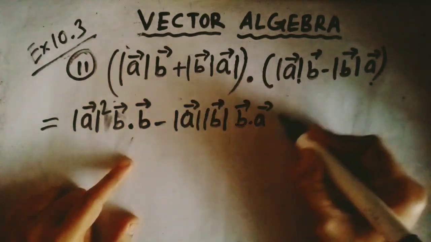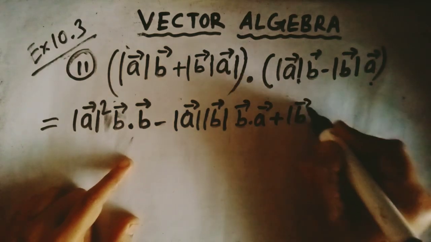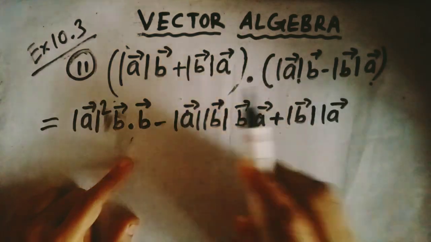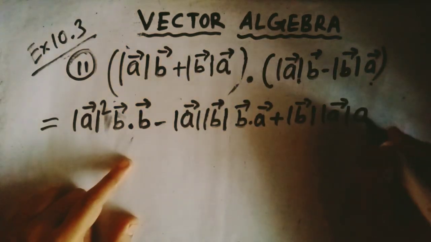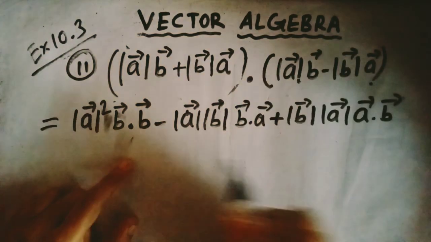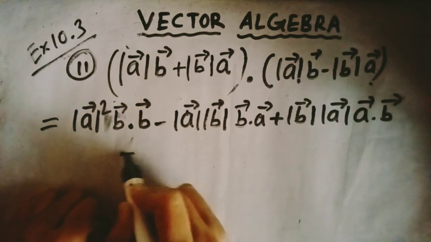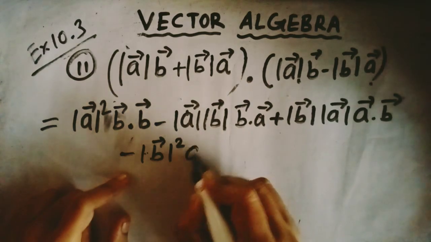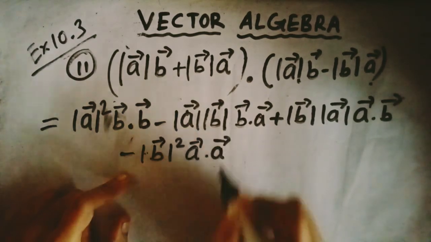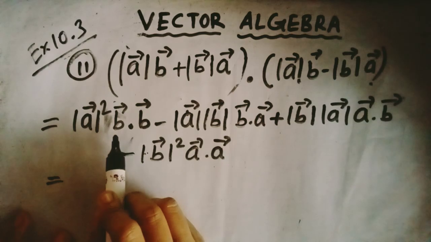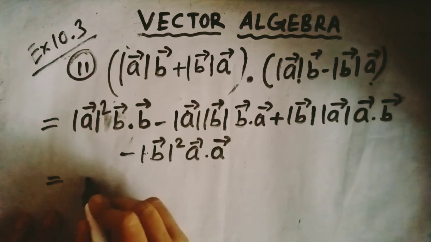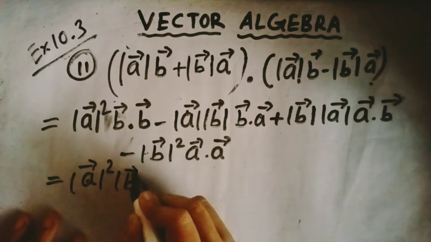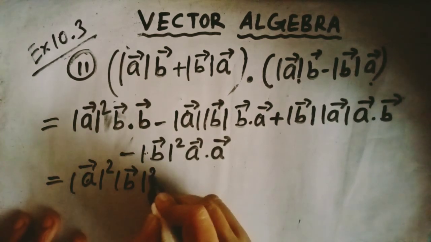Then this is not there, a dot b. Then minus magnitude of b square a dot a. B dot b will get magnitude of b square.